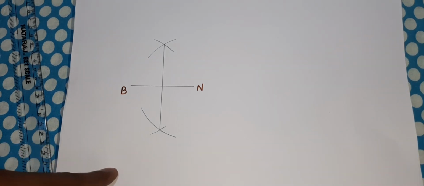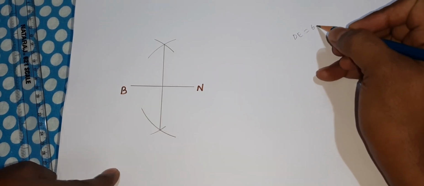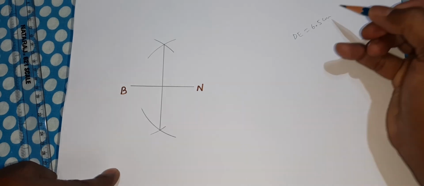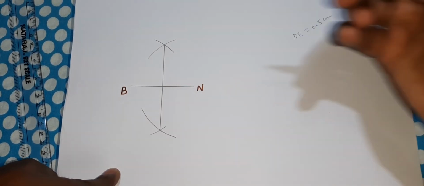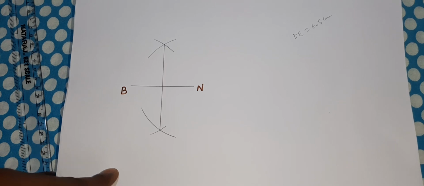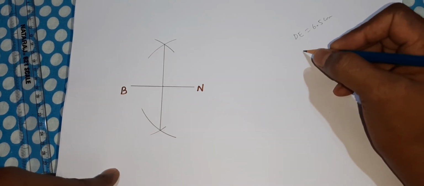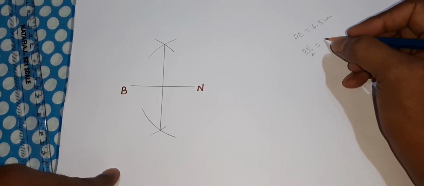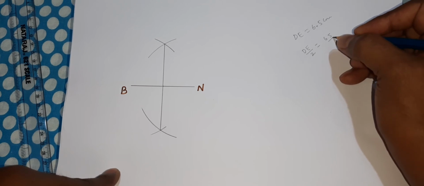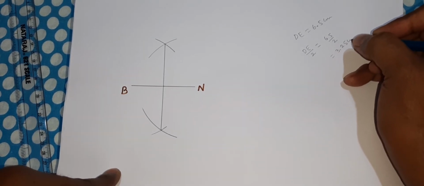Clear, children? Here DE is equal to 6.5 centimeter they have given. This is the midpoint. Now we need to divide DE into two equal parts, so DE by 2, that is 6.5 divided by 2, which becomes 3.25 centimeter.